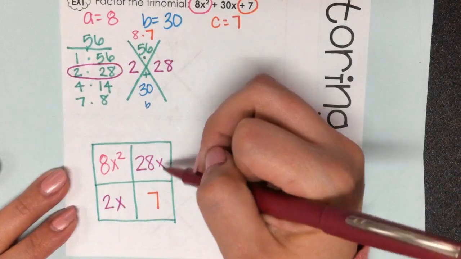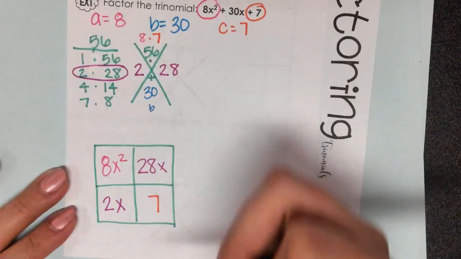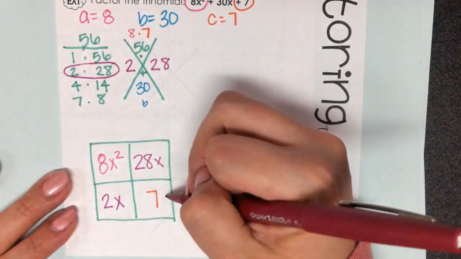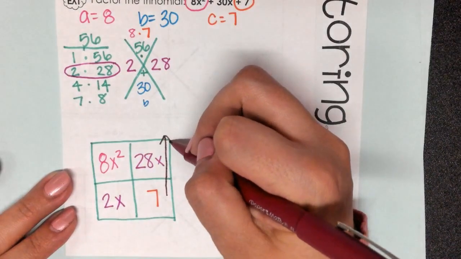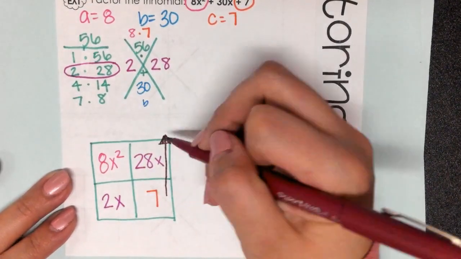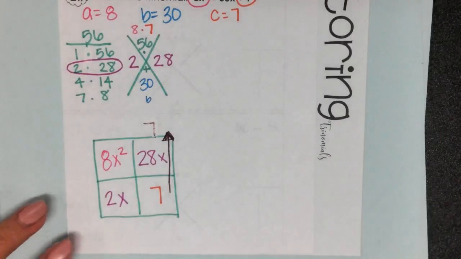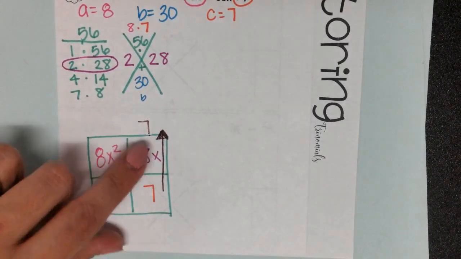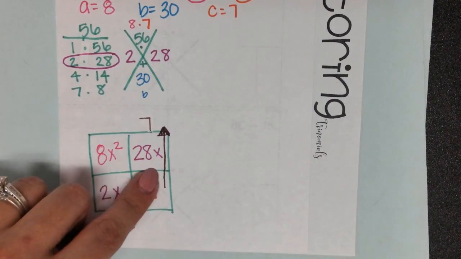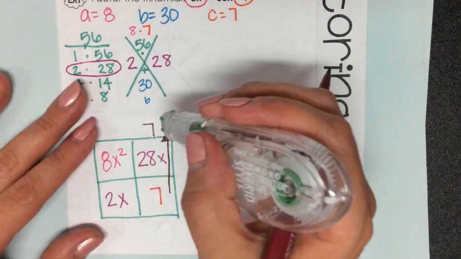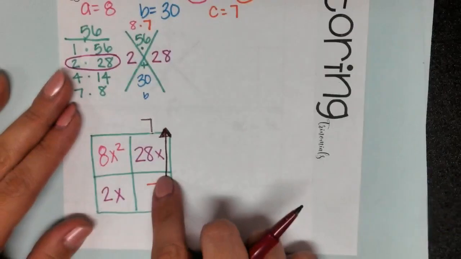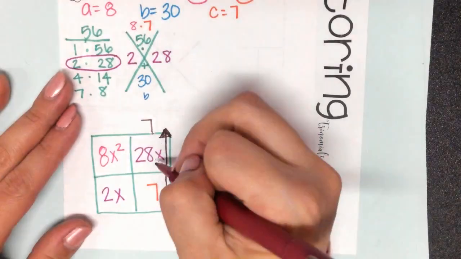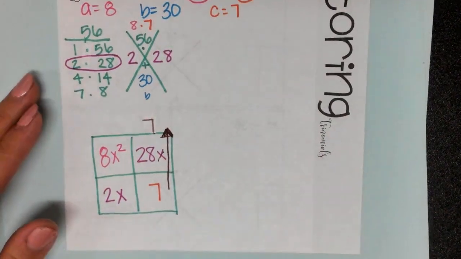I see this one over here and this one over here both as being simple. I'm going to start with this one because it was the first one that drew my attention. They both share a 7. 7 goes into 7, 7 goes into 28, and again, not an x, because 7 does not have an x down here.